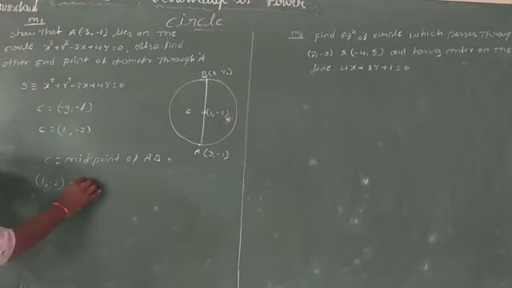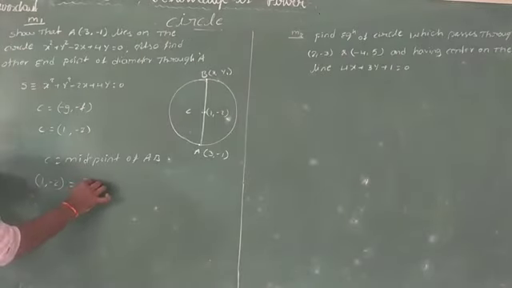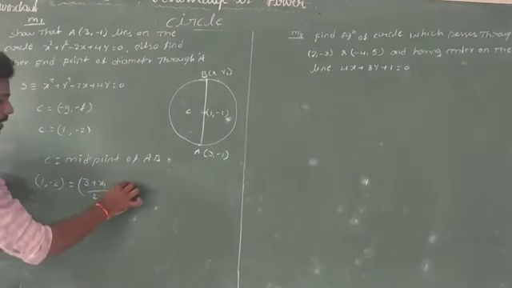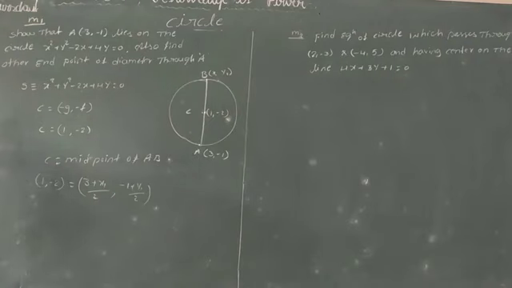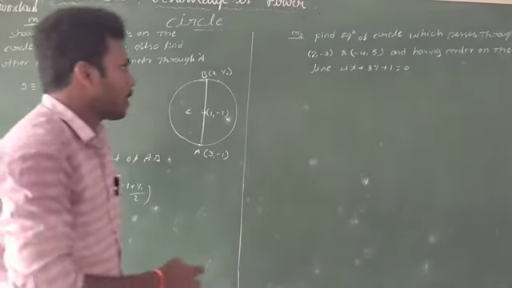So this is 3 plus x1 by 2 and minus 1 plus y1 by 2. So definitely we need to find the point B using this concept, where x1 is 1 minus 1, and y1 we find using this concept.